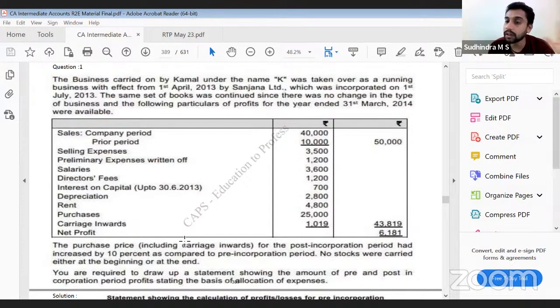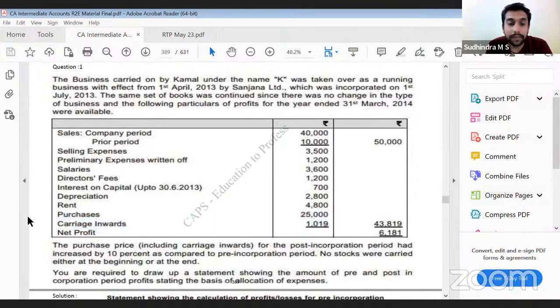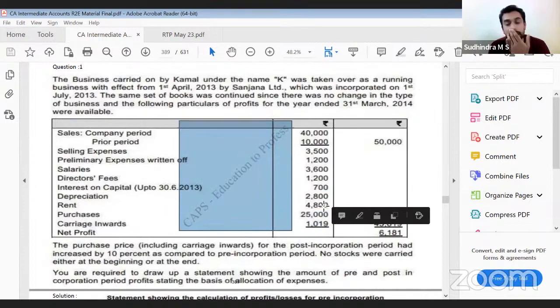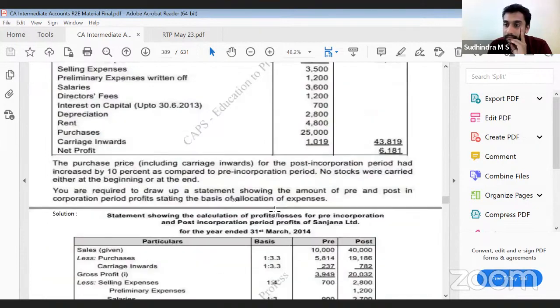That means carriage inwards also increased by 10%. So both increased by 10%, which means the basis of apportionment can be the same for both. Even if you consider the total as 25,000 plus 1,019, ultimately the final answer should be the same. Instead of applying the ratio individually, you can apply it combined. Ultimately, the amounts that we get for pre and post will be the same.